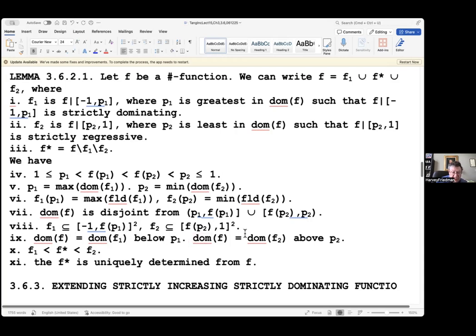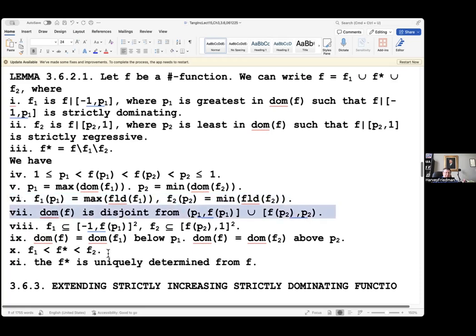And F2 is contained in F of P2 to 1 squared. That comes easily from this. And I think this is also used.